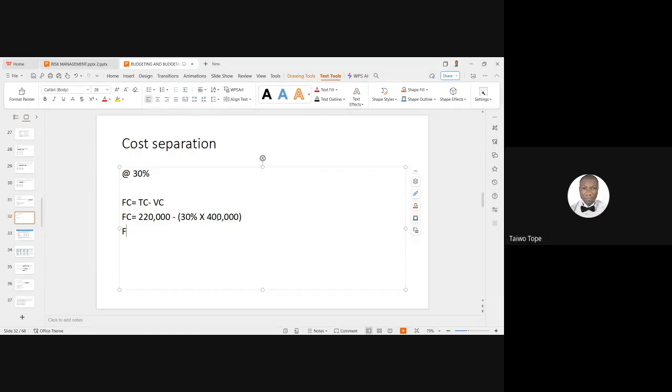So your fixed cost will now be equal to 220,000 minus 120,000, which is 100,000, the same as when we solved at 75%. Is this clear, please?